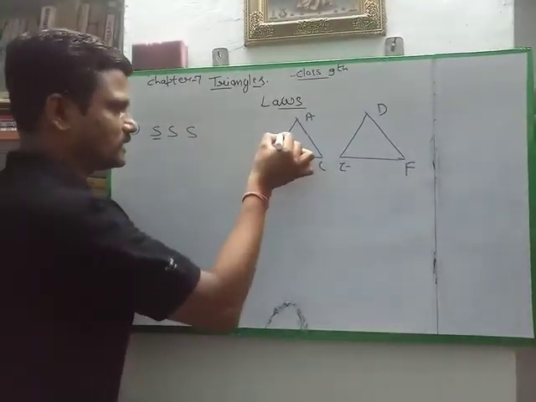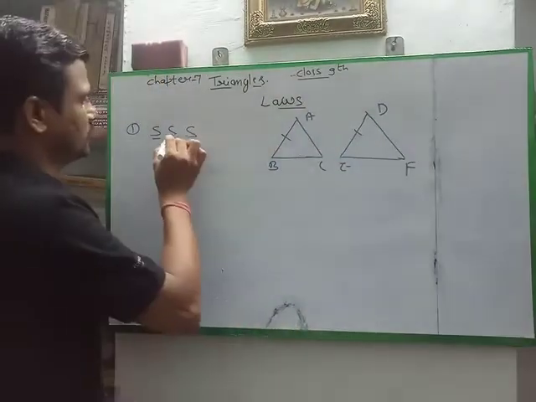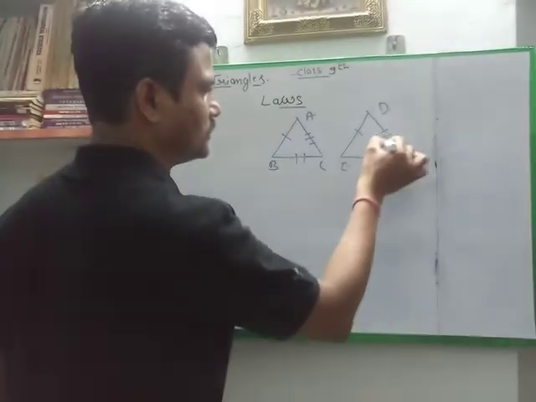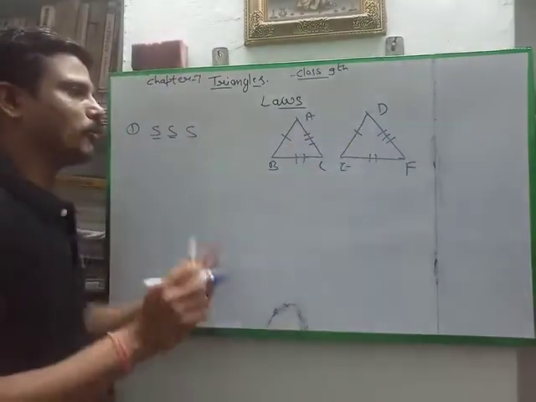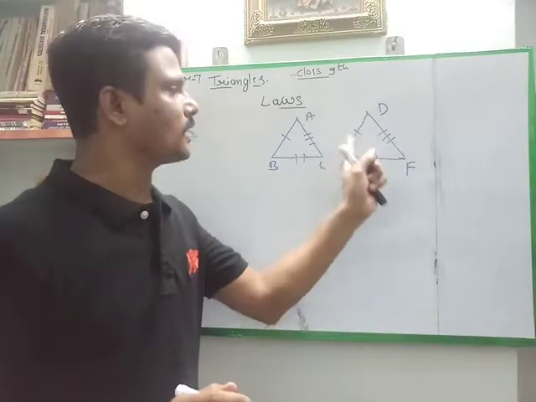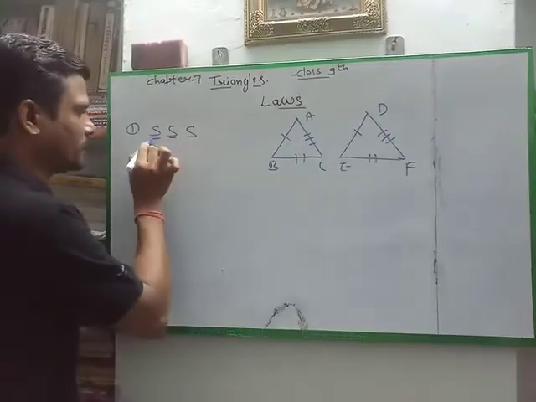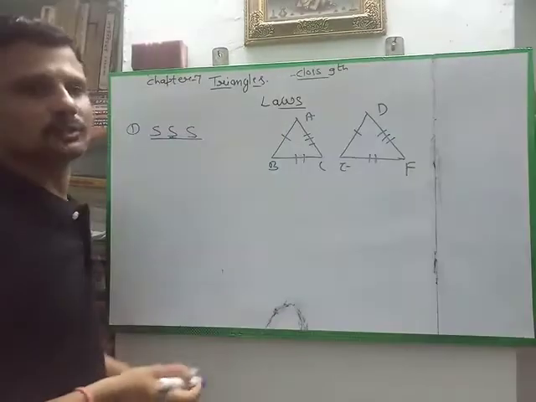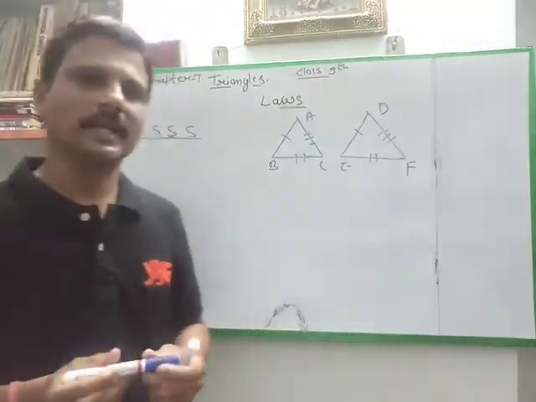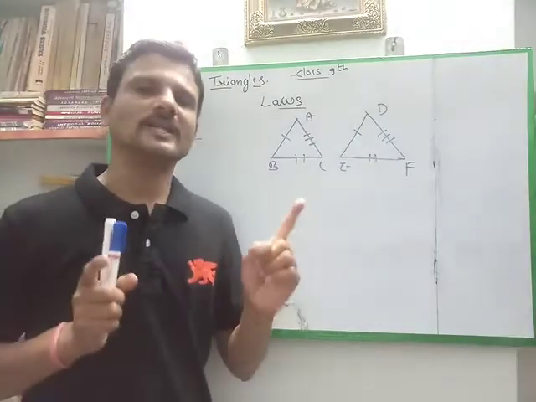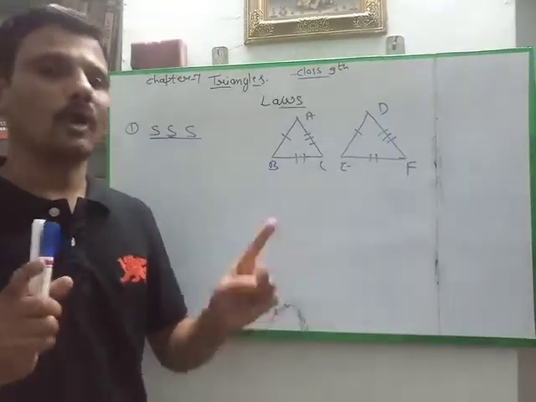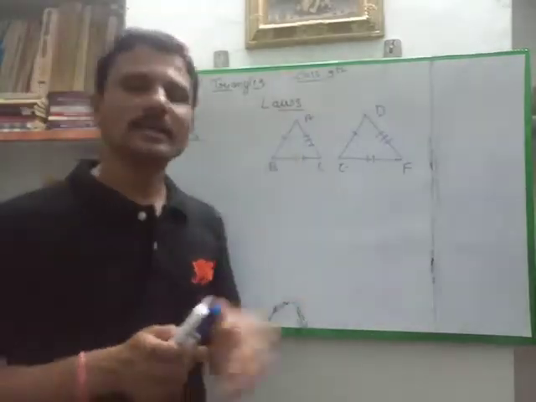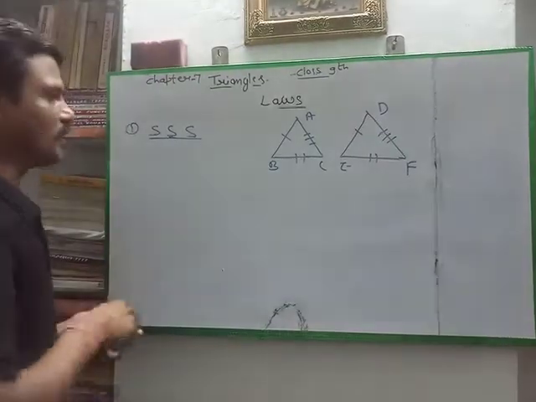If all three sides of one triangle are equal to the corresponding three sides of the other, this side equal to this side, this side equal to this, and this side equal to this, then we can say both triangles are congruent. If in two triangles all three corresponding sides are the same, then the triangles are congruent. That is the first law.